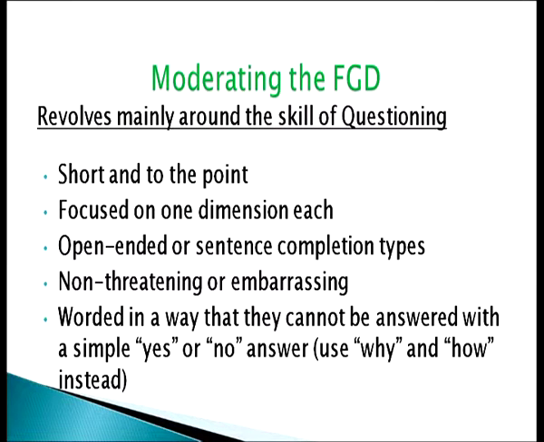Questions have to be short and to the point. The one who is conducting the FGD should not engage in explaining too many things. The questions have to be such that you take minimum time in asking them. They should be very short and to the point, and the questions should focus on one dimension each. If you are asking about one issue, make one question.